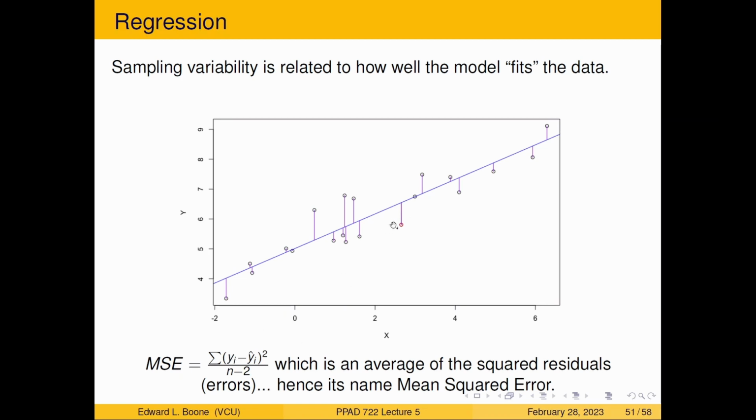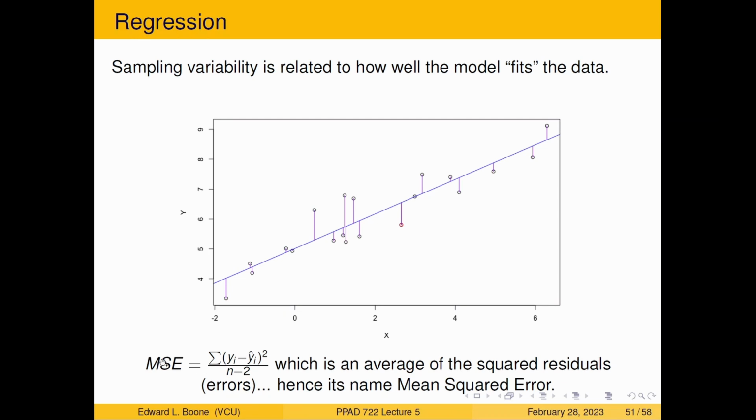So I took the actual value, subtract off what I think it's going to be, take that, square it, and then do this for every single one of them and add it up. And now I'm going to divide by n minus 2 because this is the degrees of freedom associated with this situation, and I'll talk more about degrees of freedom later. Just think about it as how much information do I actually have.